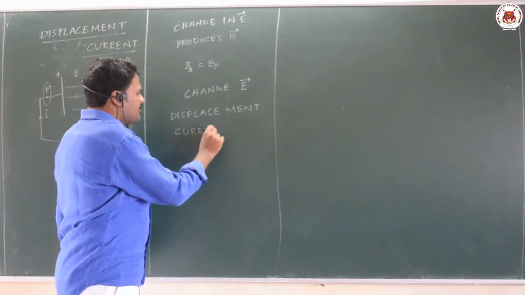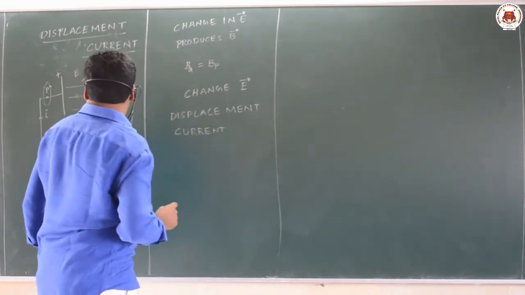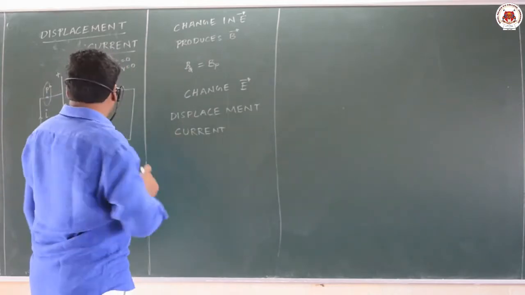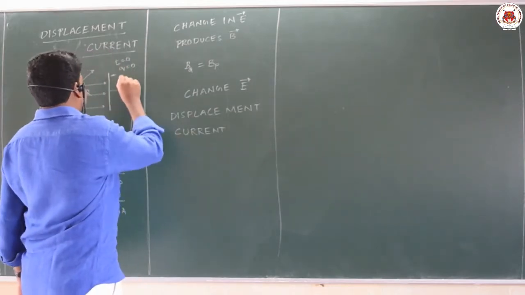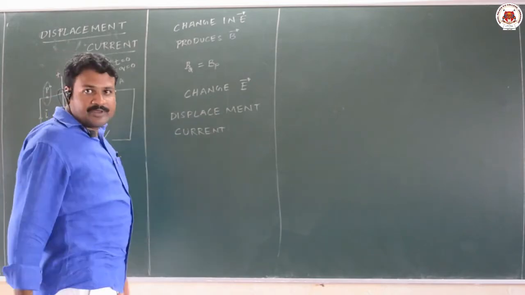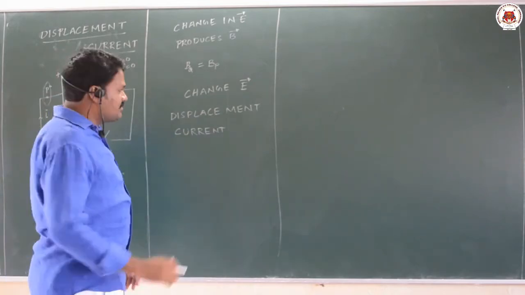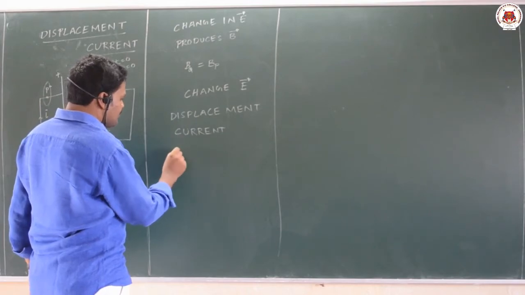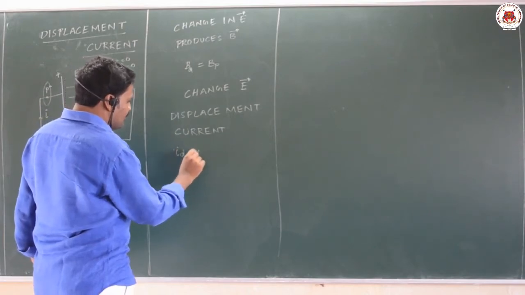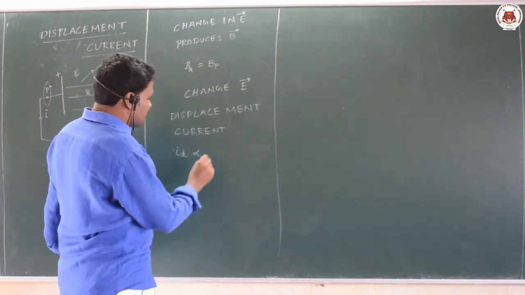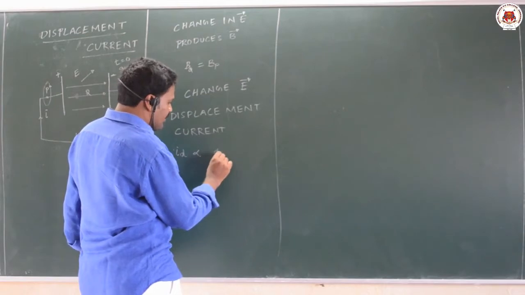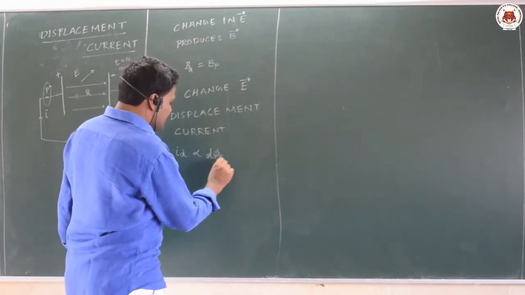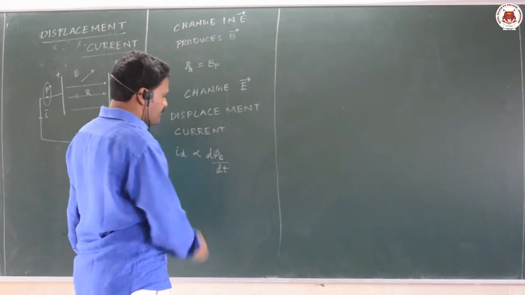And if you observe, this electric field will be restricted within the plates of the capacitor. If you take the area of the capacitor as A, later on he found that displacement current I_D is proportional to electric flux, that means change in electric flux by time taken.